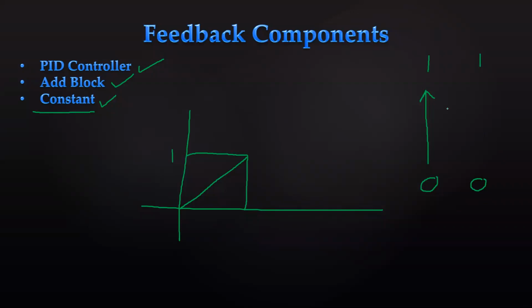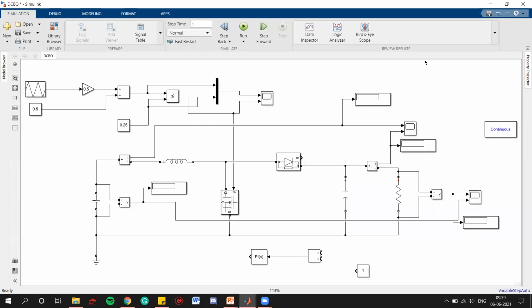If we convert this into absolute values, 0.2 means a 20% duty cycle, and 0.8 means an 80% duty cycle. And we have designed our open loop circuit in such a manner that this constant value is also a duty cycle value.